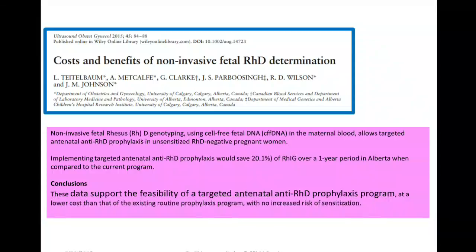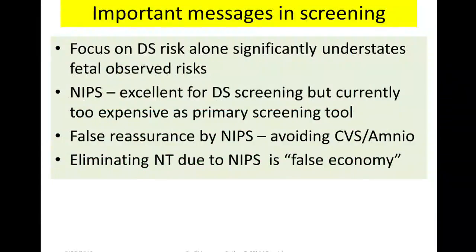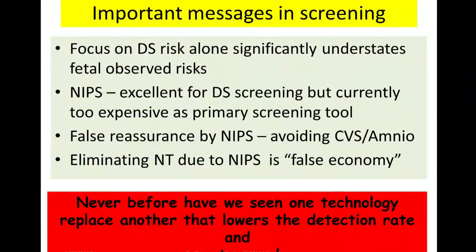In India, we still have very limited access to this kind of testing, because most companies that offer us this test don't actually offer rhesus typing in the fetus, but I'm glad that a few of them are starting to do it, and we hope that we will have more and more access to this test, because it is going to help us. Because when we focus only on Down syndrome, it understates the fetal observed risks.